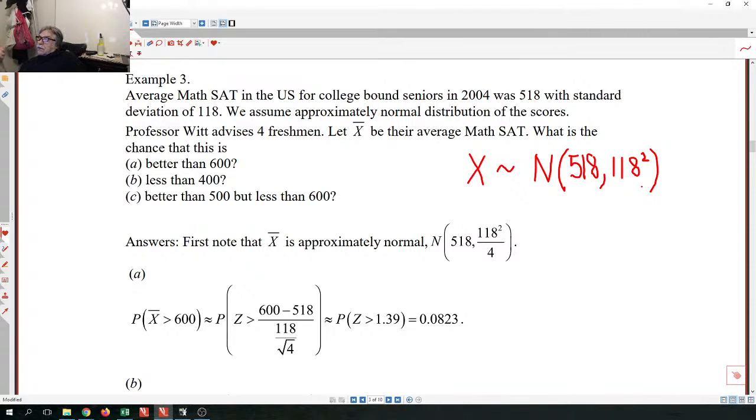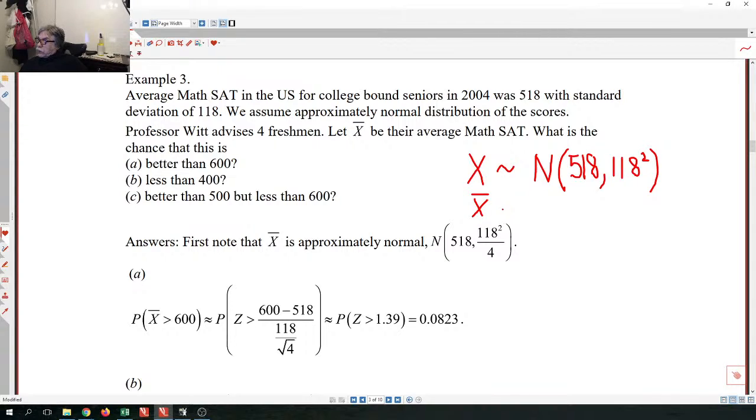Now, the professor would advise four freshmen, so we have a question about the average of their math SAT. So this is the X bar, the sample mean, the mean of 4.